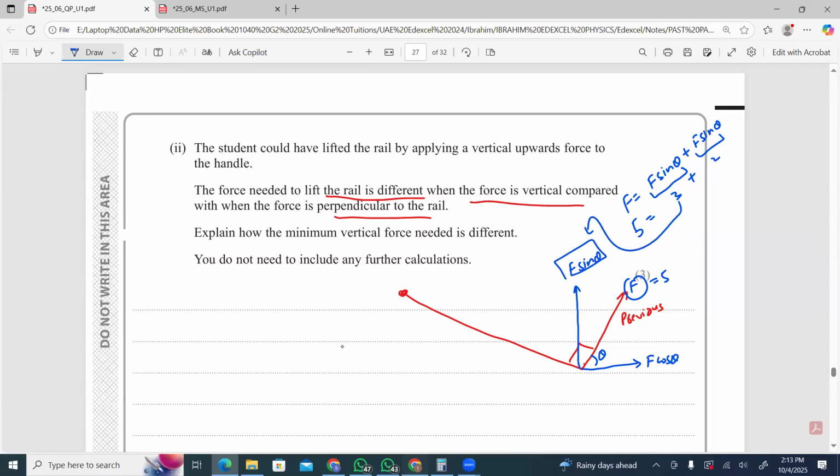So when you take only the vertical component, you will write that F sine theta is now acting to lift the rail.